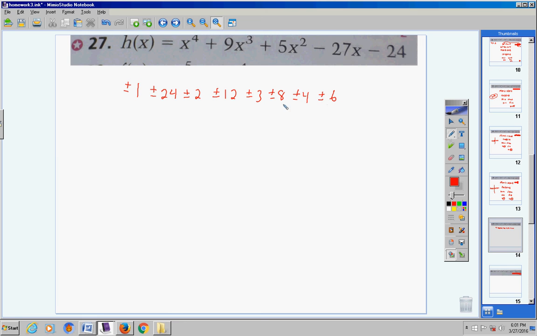There we go. If any rational zeros exist in this function, they will be in this list somewhere. Okay, somewhere they will be there. Alright, moving on. Let's see what we got here.